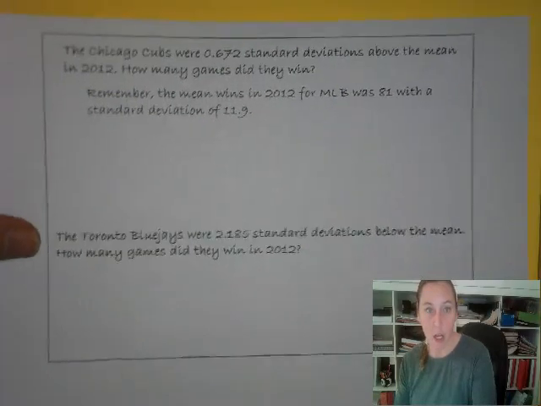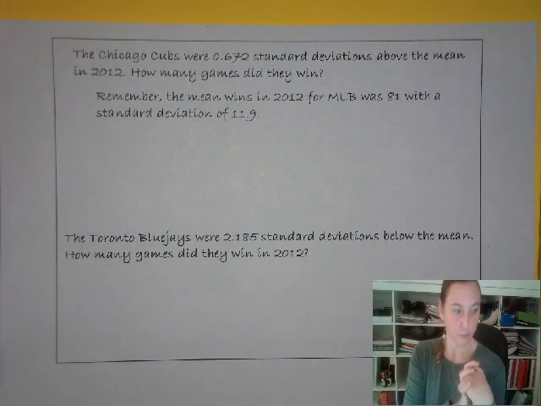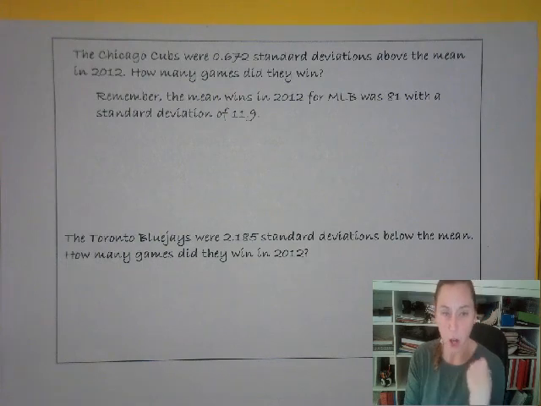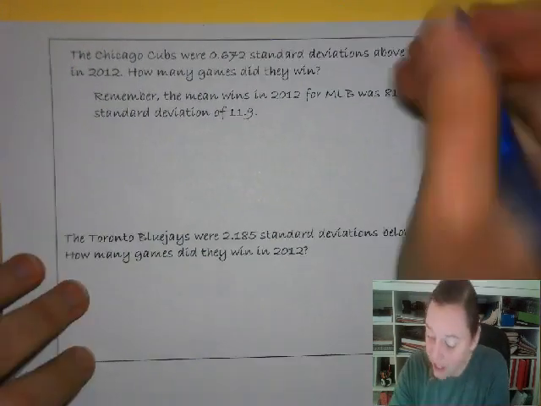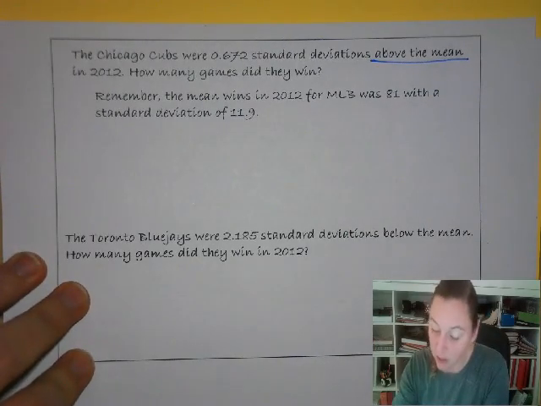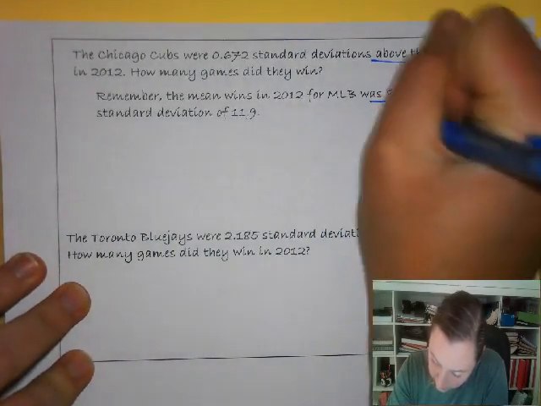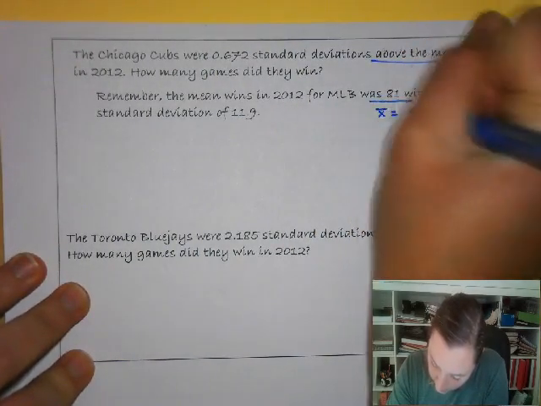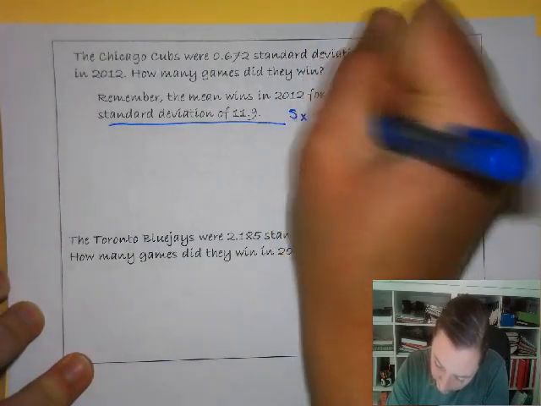And then, like I said, we're going to go backwards. So this one says the Chicago Cubs were 0.672 standard deviations above the mean. How many games did they win? I just put a reminder that our average was 81 and the standard deviation was 11.9.